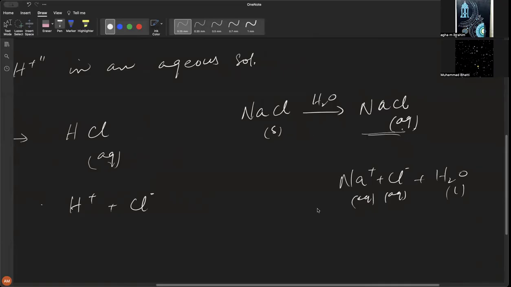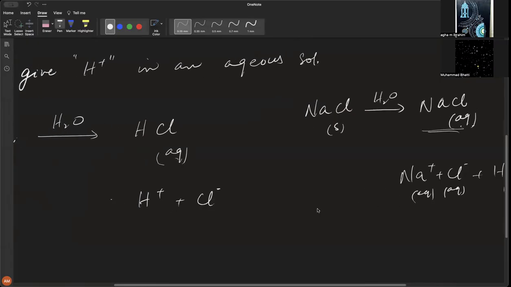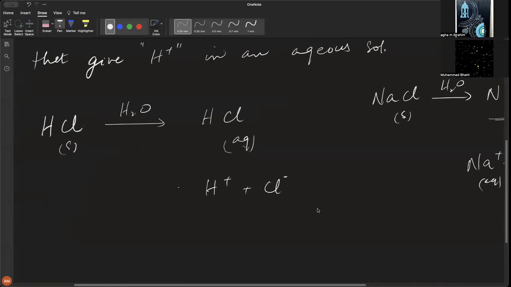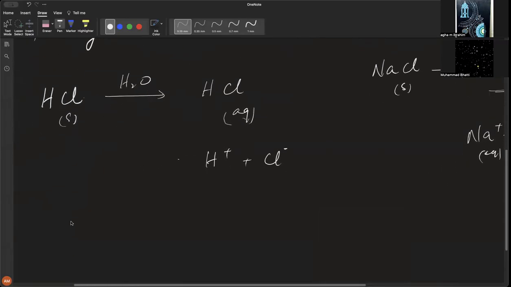You understand this point? So when something dissolves in water, it means that it has dissociated in water. Is this making sense to you? Similarly, hydrogen chloride, HCl, might be in solid form.